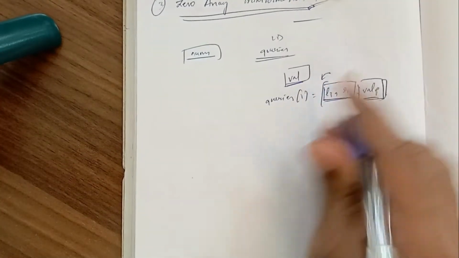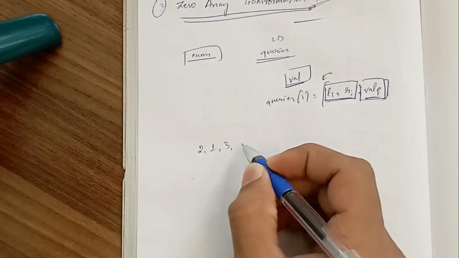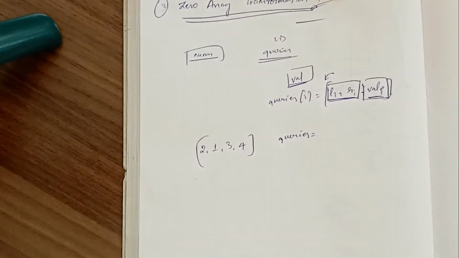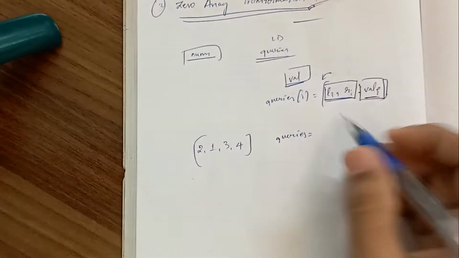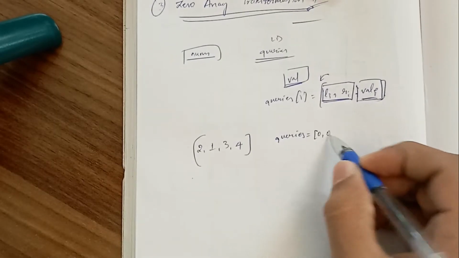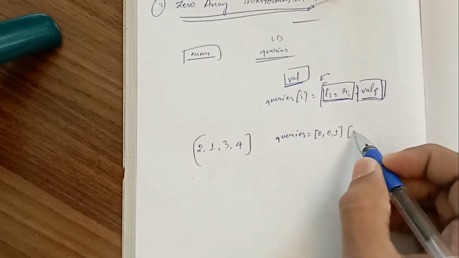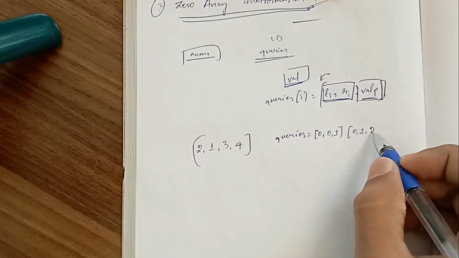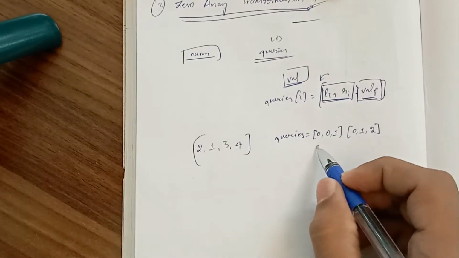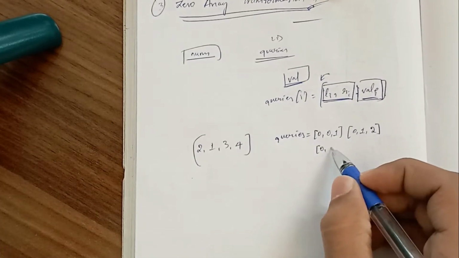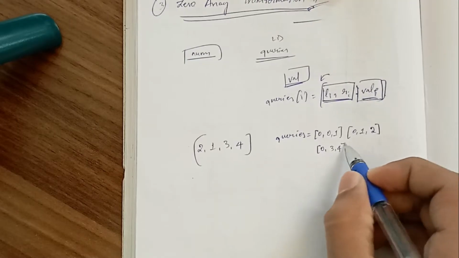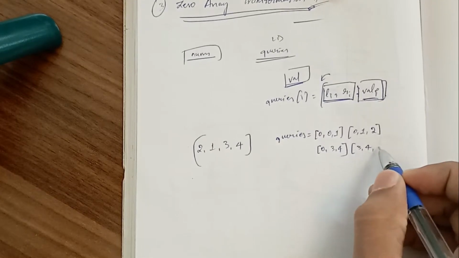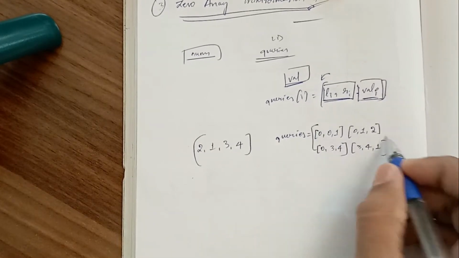For example, we are given nums as 2, 1, 3, 4 and queries as [0, 0, 1], [0, 1, 2], [0, 3, 4] and [3, 4, 1].